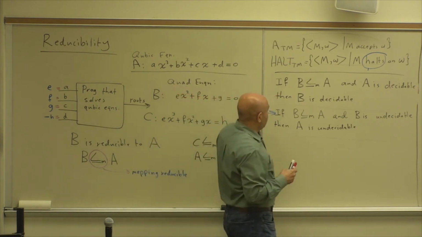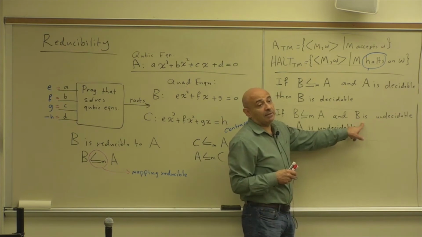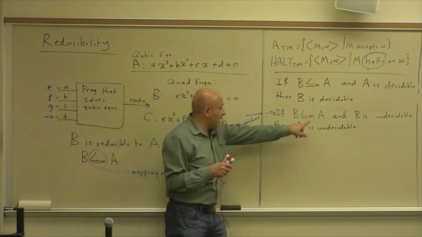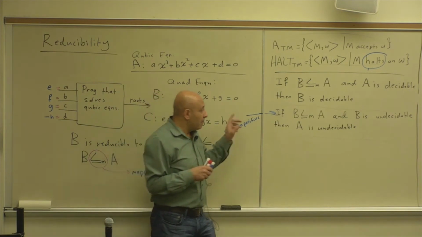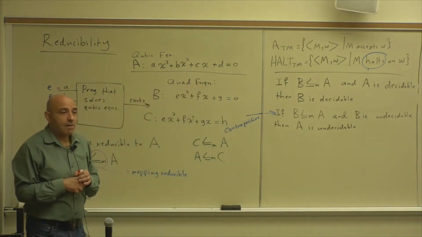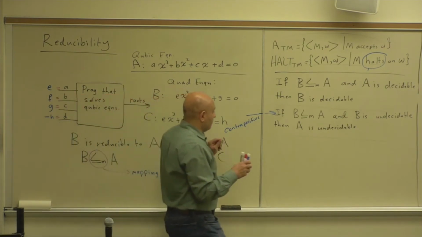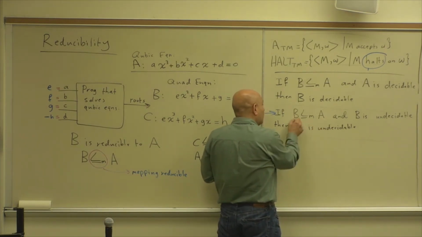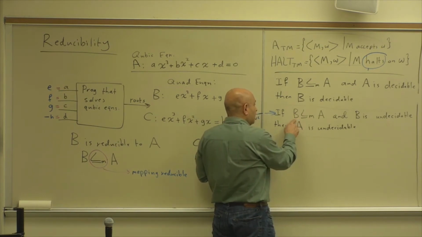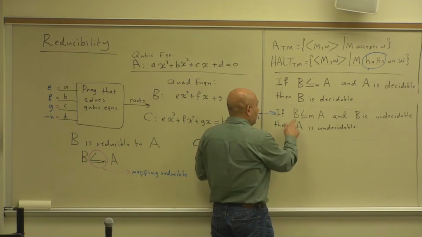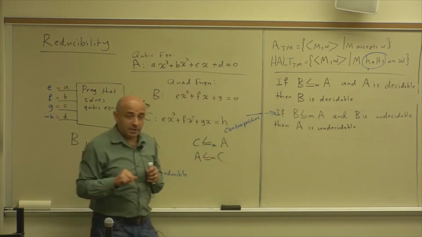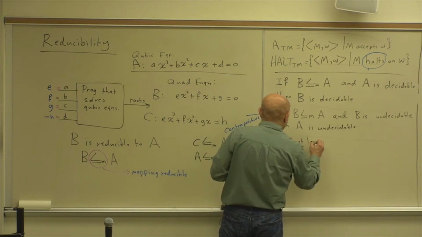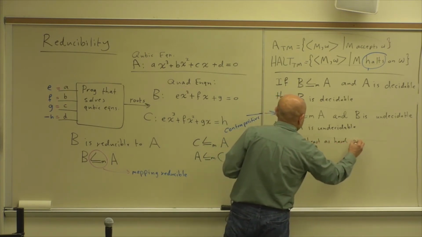So now, if I know that the easy one is undecidable, the harder one, which is A, or the one that's at least as hard, must be undecidable as well. Because A is at least as hard as B.